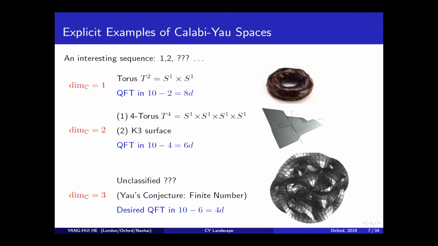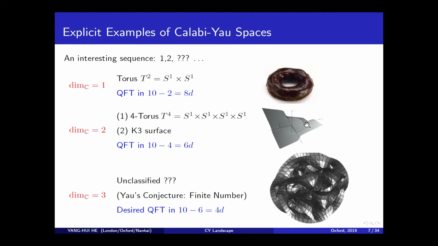It's a curious sequence in mathematics, but at least it is a conjecture of Yau that this number is finite in every dimension. It is the one that we want, because we want to study 6-dimensional manifolds, and yet it's just a very badly behaved fact of mathematics that this sequence goes as 1, 2, something at least 500 million, and the next number is at least several trillion. We don't know what it is.